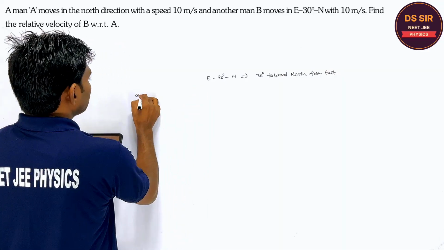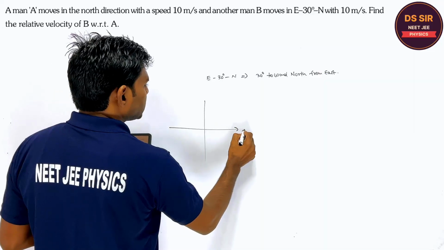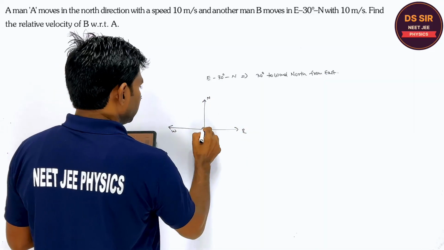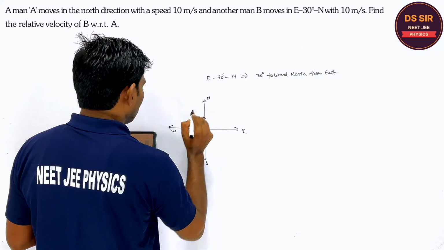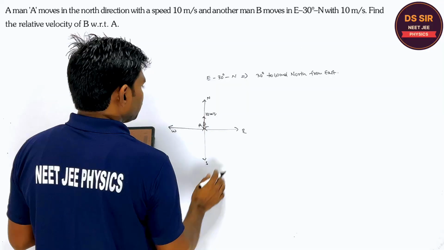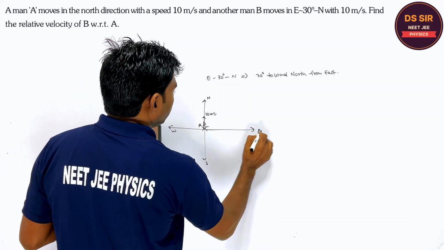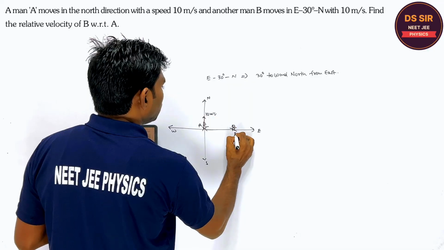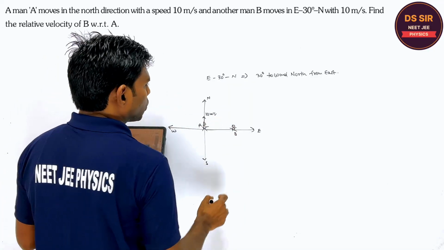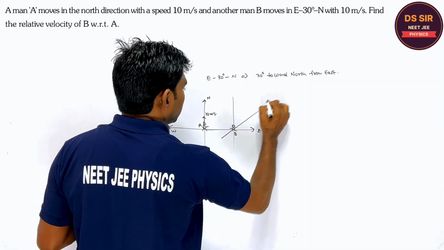So in this question, what we have, the man A moves in the north direction. It is east, west, north and south. So this is the man A moving towards north, right? This is the man A, 10 meter per second. And what is the man B? Another man B. You can assume the man B anywhere. This is the man B, suppose, and it is moving 30 degree towards north from east, right?